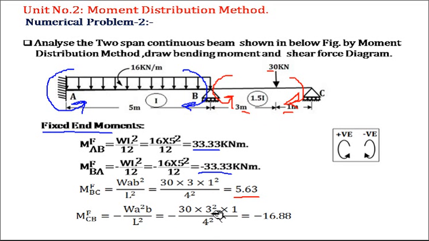So 30 into 3 square into 1 upon 4 square. The fixed moment in member CB is minus 16.88 kN-m. So these were the fixed moments in the different members of continuous beam ABC.